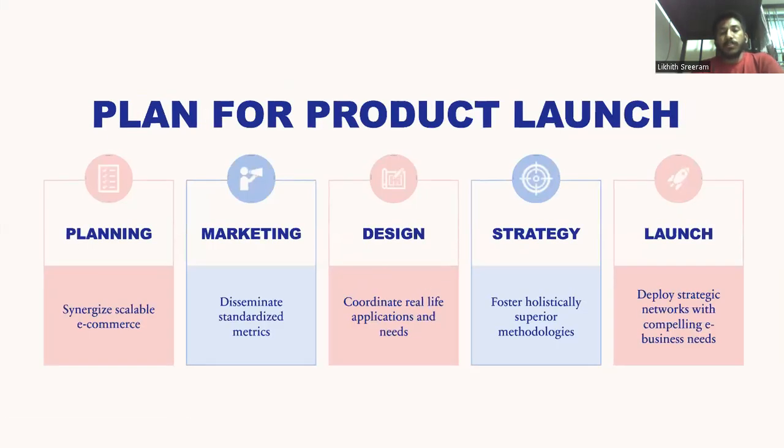Plan for product launch. The plan includes 5 steps: planning, marketing, design, strategy, launch. By following these 5 steps, we can easily increase the production of humanoid robots for the modern era of the future.